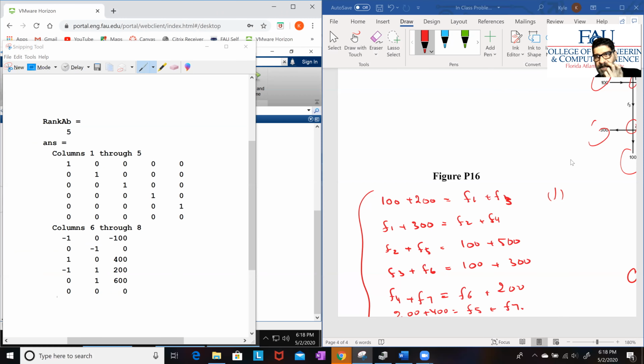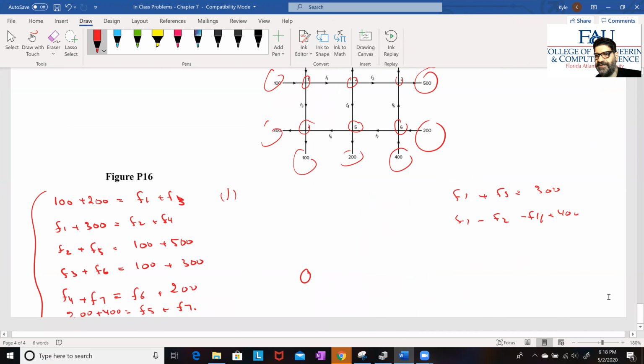So I'm going to hold this and see exactly what we get in here.